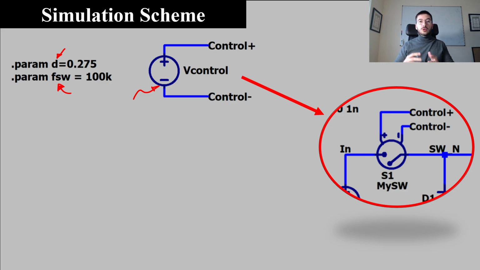I do this because in future cases we are going to put those parameters in a lot of different places. So since we are going to change the values, it's easier if we do it in this way.